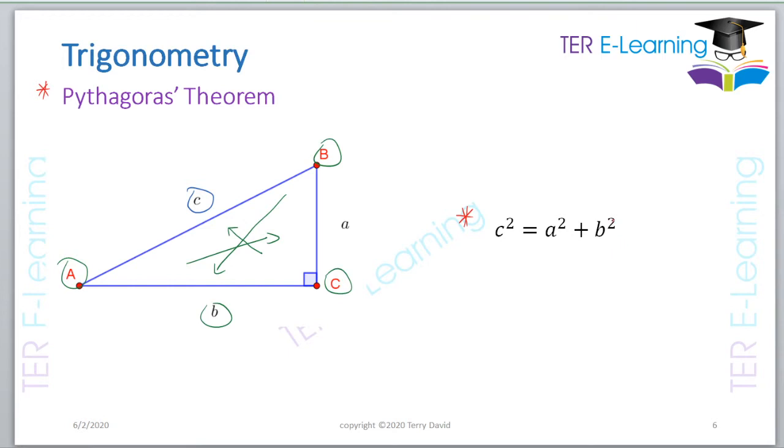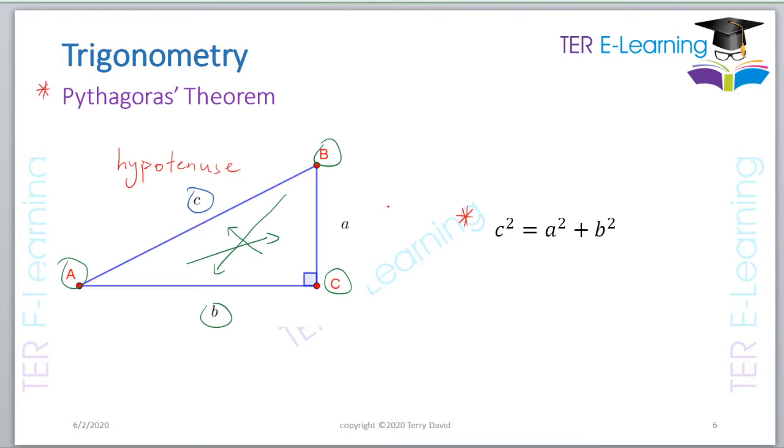Now, in class, what I usually tell my students to do is try not to necessarily remember the formula, right? The side that is opposite my right angle, that's C, that's the side here, it's called my hypotenuse.